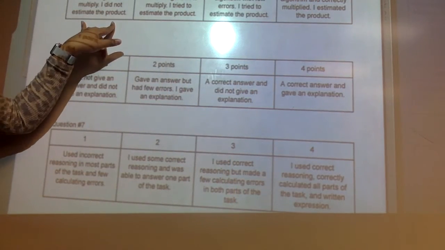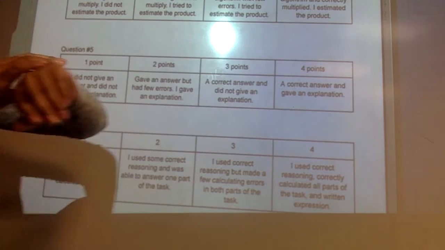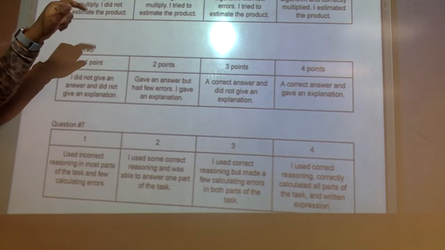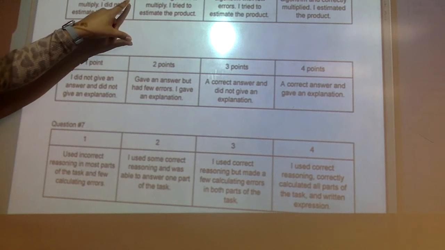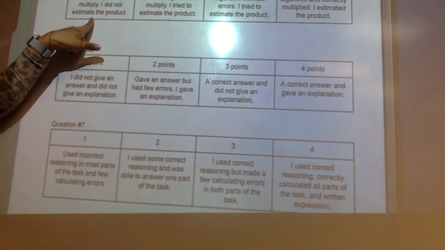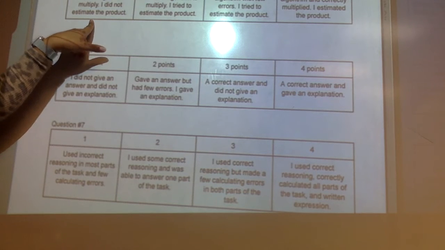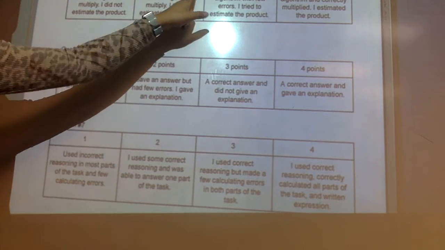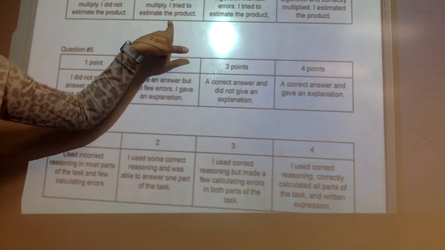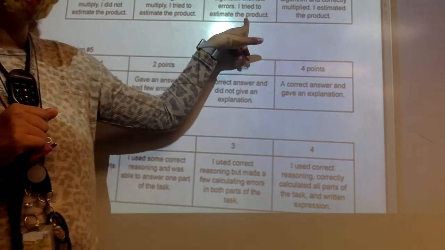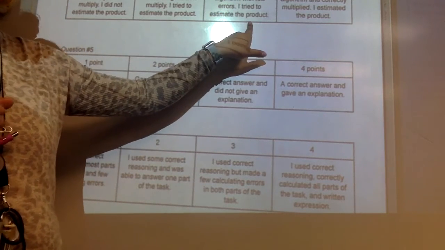Then for the next question, here's how I will be grading it. 1 point if you did not use the standard algorithm to multiply and did not estimate the product either. 2 points if you did not use the standard algorithm but tried to estimate the product. 3 points if you used the standard algorithm with a few errors and tried to estimate the product.